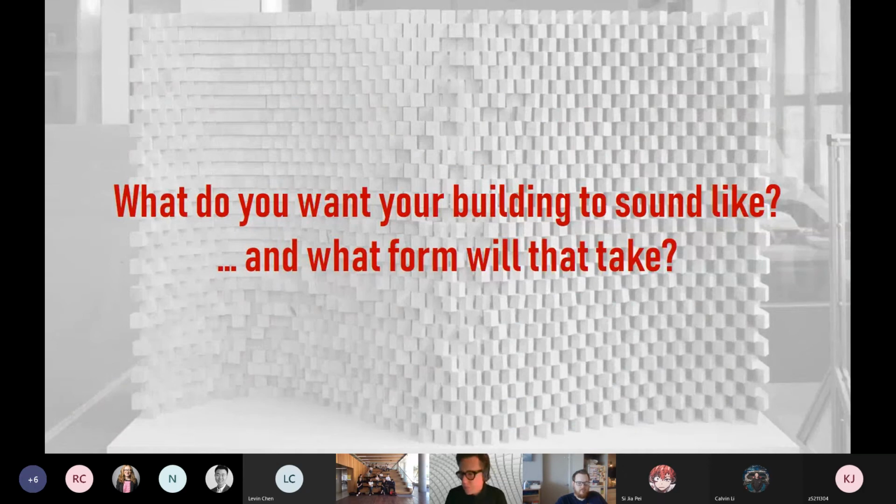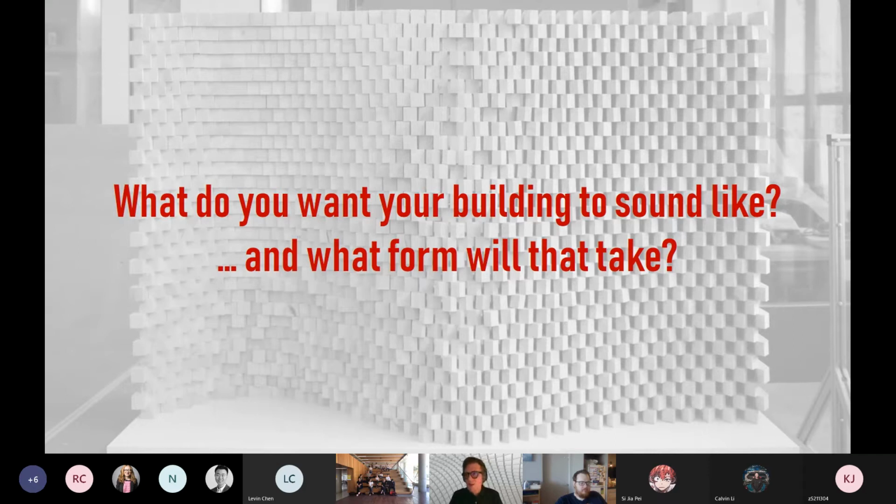So hopefully what I've shown today is that as architects, through our decisions about geometry and material, we inevitably impact the acoustic performance of our buildings, right?